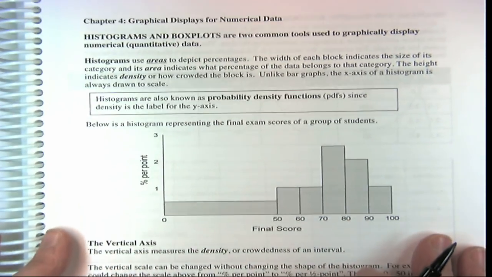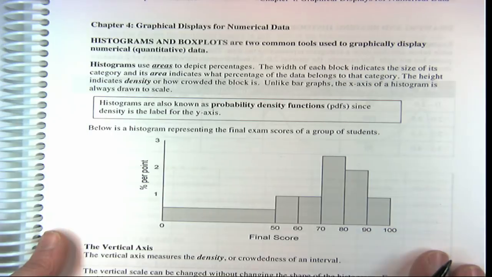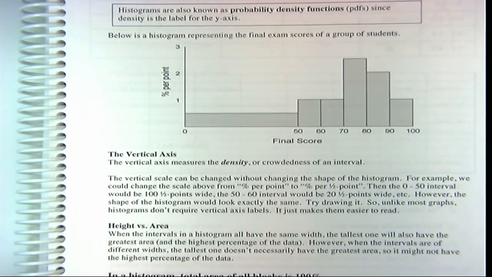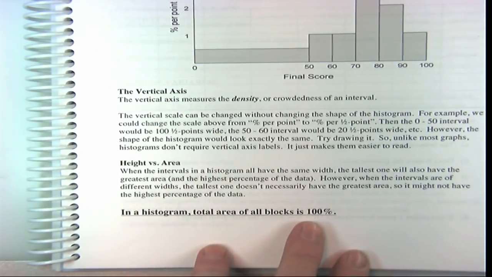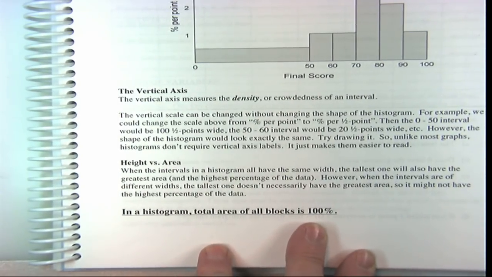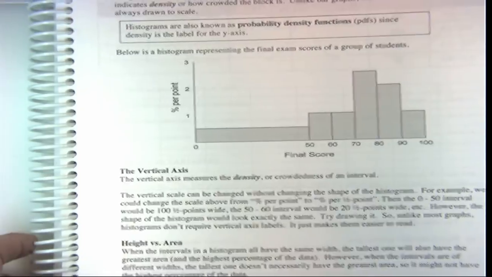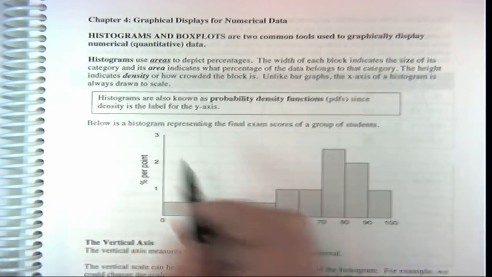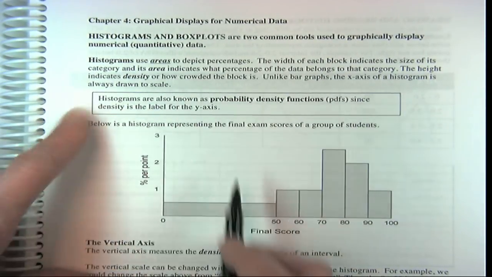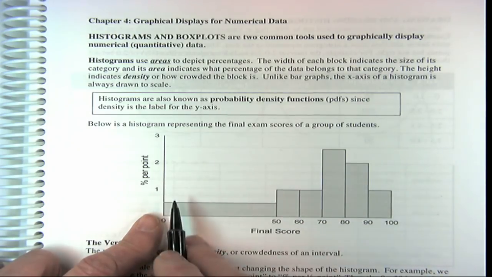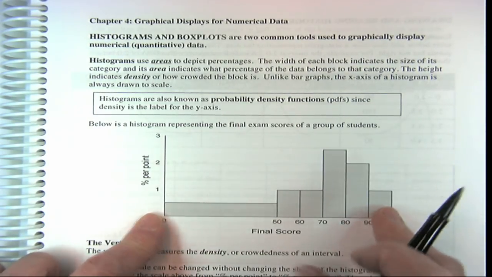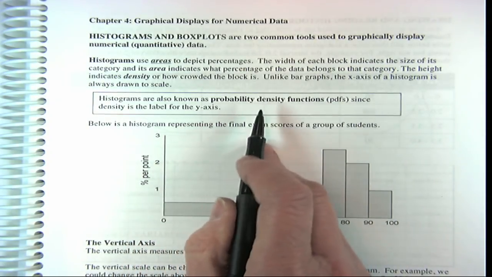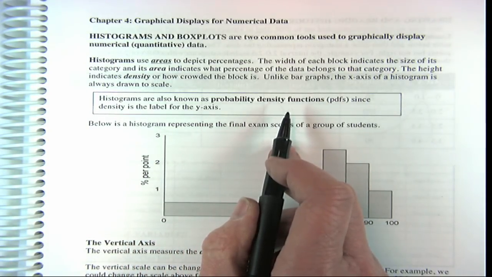The other big difference is that in a histogram, we look at areas to represent percentages, and the total area of all the blocks is always 100%. When you look at continuous data, right now we have discrete data, these histograms are known as probability density functions.